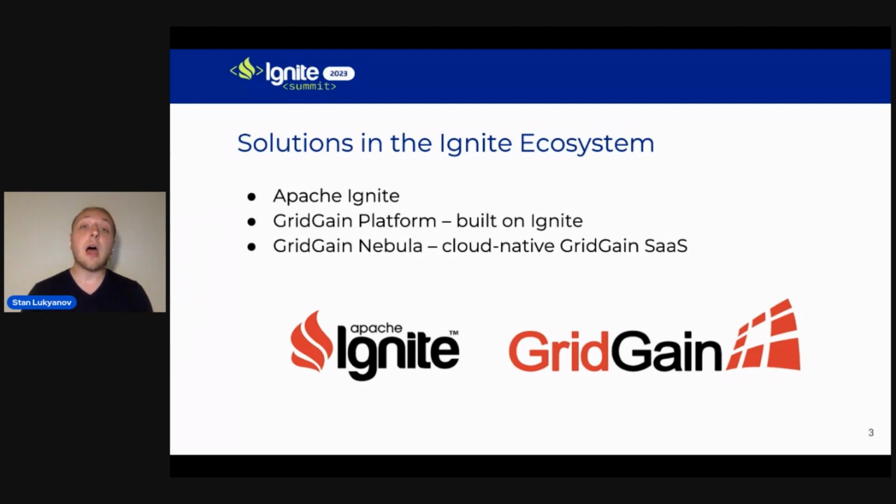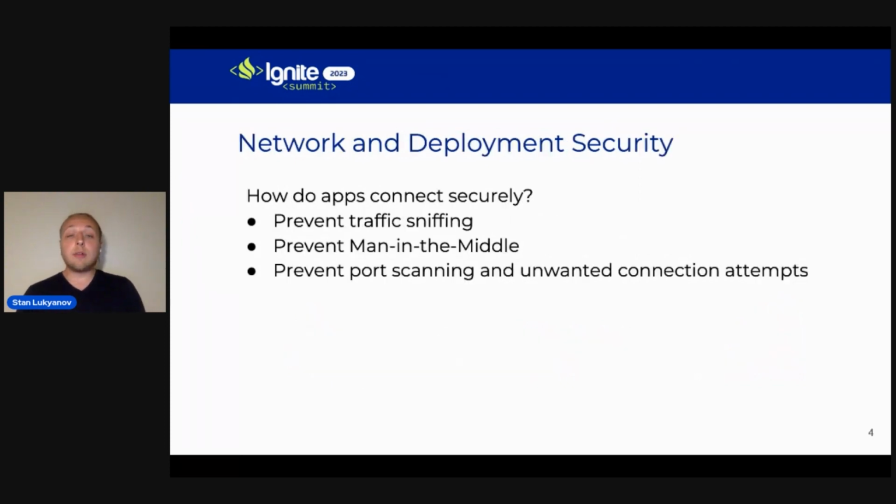In other words, how do we as GridGain, as Apache Ignite experts, run Apache Ignite in the cloud securely? And so I will start with our first big section, which is the network and deployment security.